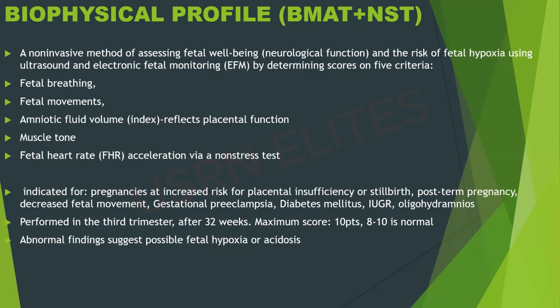Ideally, it comprises breathing, movement, amniotic fluid, and then fetal heart rate, but because we've added NST, that's the fetal heart rate, that's why we say that 10 points is okay, but 8 is normal.